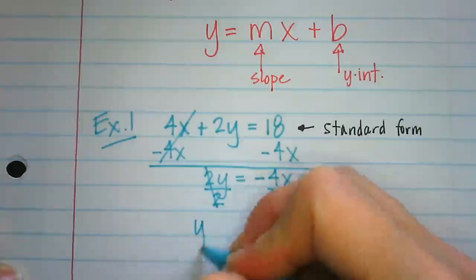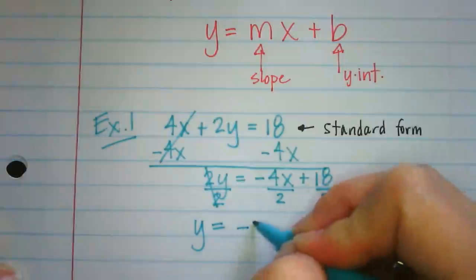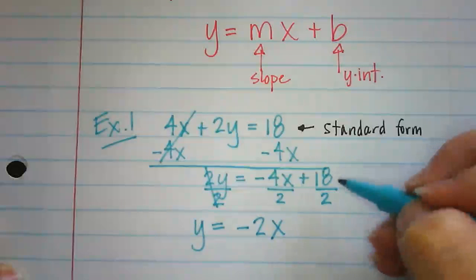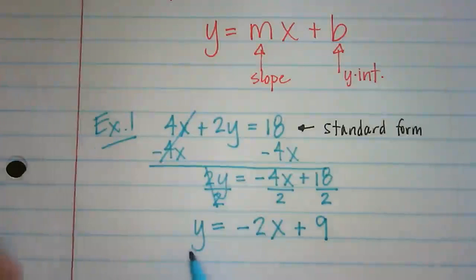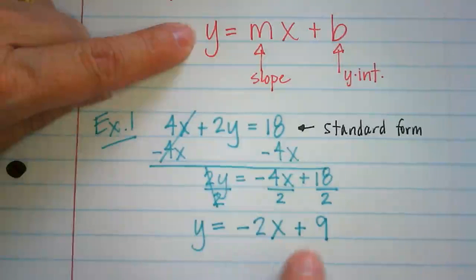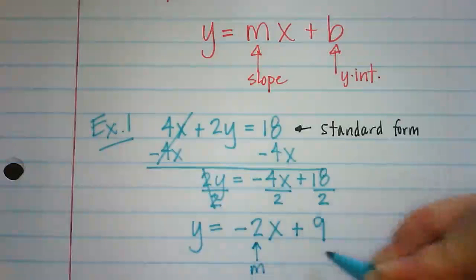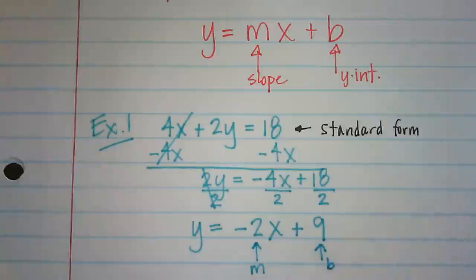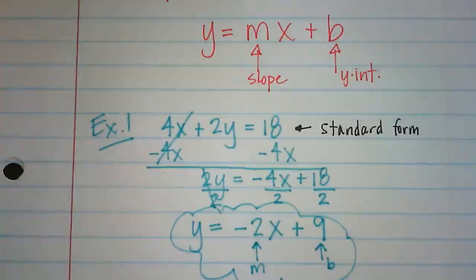Now this gives us y equals negative 4 divided by 2, which is negative 2x, and 18 divided by 2 is 9. Now we have slope-intercept form, so we know this is the slope and that is the y-intercept. At this point, we could go through and graph.